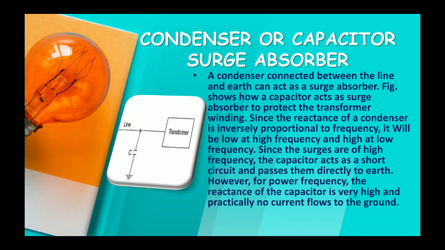The traveling wave passes through this path to the earth, so the transformer is protected. However, for power frequency or normal frequency, the reactance of the capacitor is very high, because the normal frequency is less than the surge frequency, and practically no current flows to the ground. So that is the condenser or capacitor surge absorber.